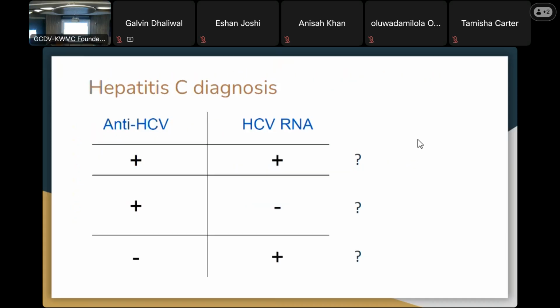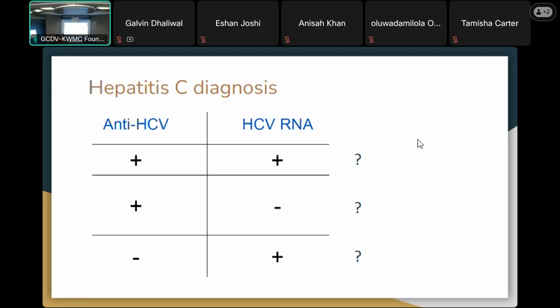All right, so let's interpret Hep C. Hep C is simpler. Compared to the other Heps, it's a lot simpler, only antibody and RNA. So how do you interpret this? The first one, second one, third one? Okay, the first one is active infection.